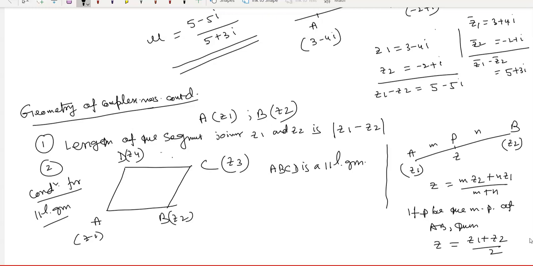This will represent a parallelogram if mod of Z1 minus Z2 equals mod of Z3 minus Z4, and mod of Z1 minus Z4 is equal to mod of Z2 minus Z3.